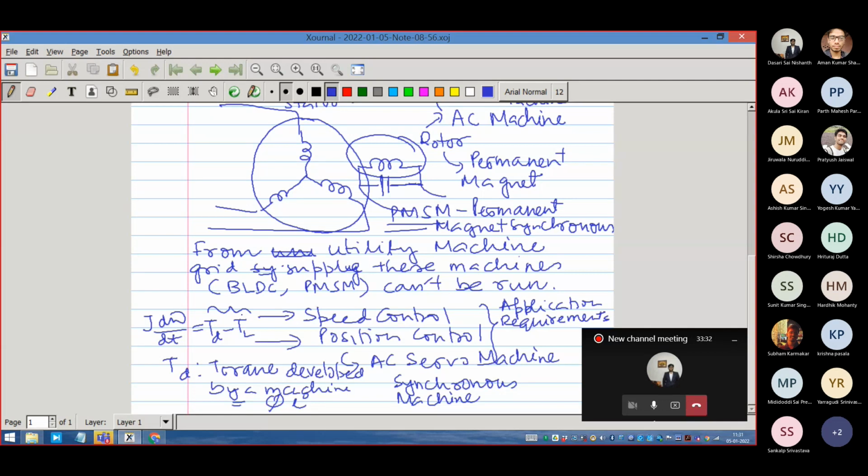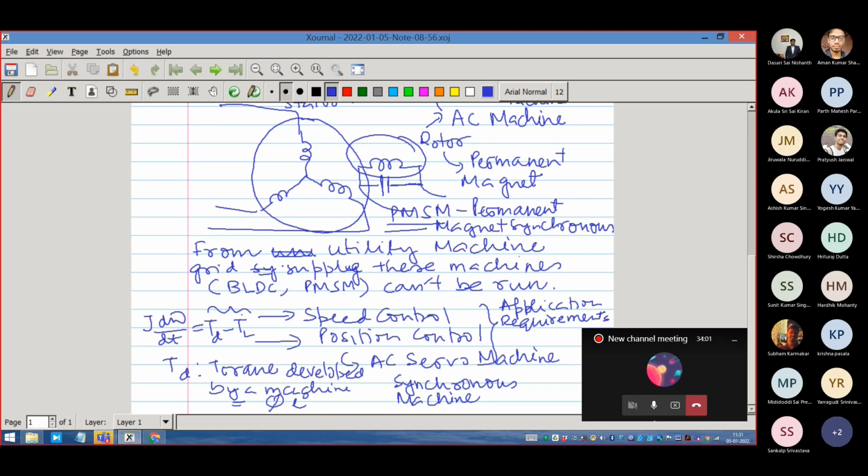Now, new information has come to the machine that it must go to 500 rpm. What happens is that it will have a control loop that compares the speed reference, which has changed from 200 to 500, and the actual speed, which at that moment is 200 rpm. So there is an error. From that error, you will develop a torque reference.